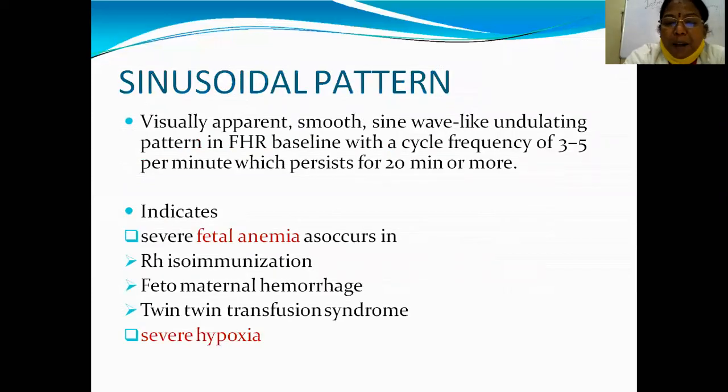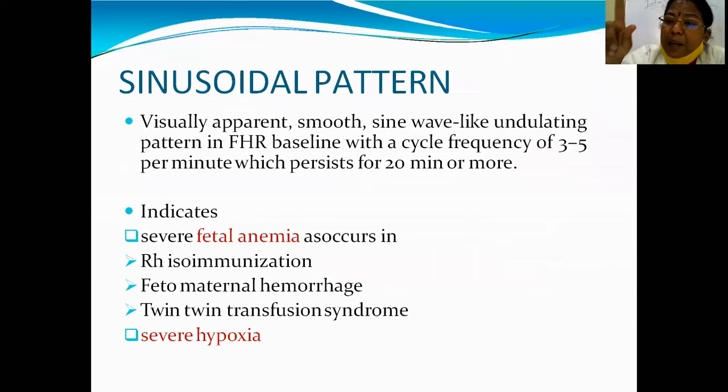Then sinusoidal pattern. This is a visually apparent, smooth, sine wave-like undulating pattern of the FHR baseline, where the frequency is 3 to 5 per minute and which persists for 20 minutes or more. The same pattern continues for 20 minutes or more. So what does it indicate?